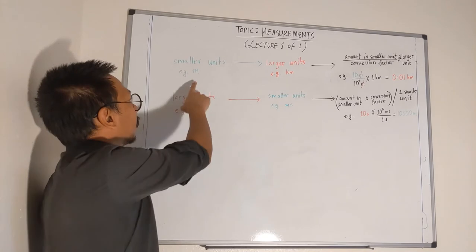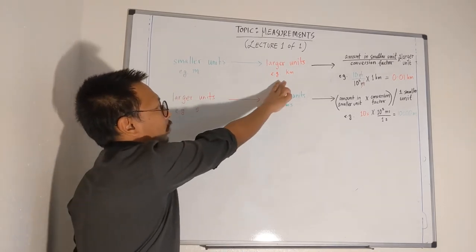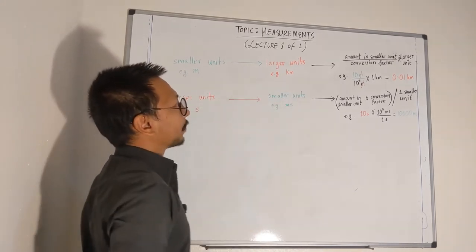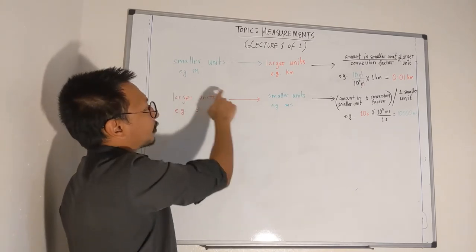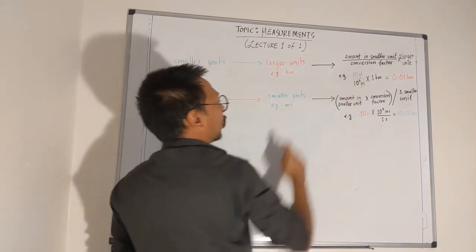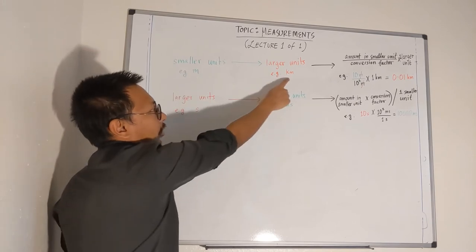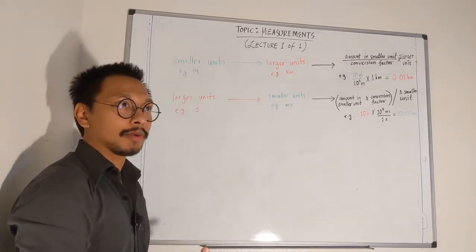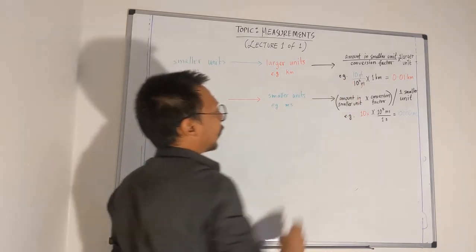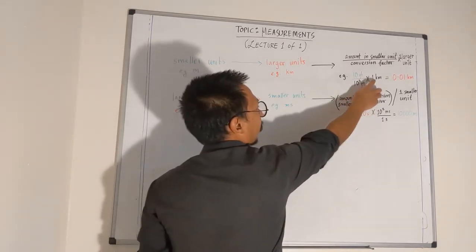For example, if we have meters, which is a smaller unit, and we want to convert that to kilometers, which is a larger unit, then we would take the amount in meters. Let's say we have a measurement of 10 meters in the numerator, and then divide that by the conversion factor to go from meters to kilometers, which is 1 kilometer is equal to 1,000 meters. So we divide 10 meters by 1,000 meters and we multiply by 1 kilometer.